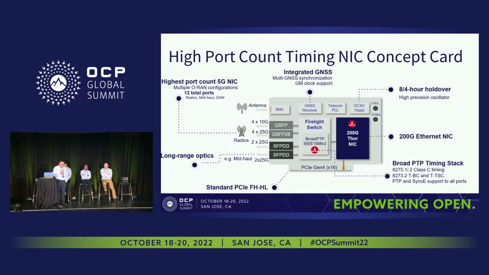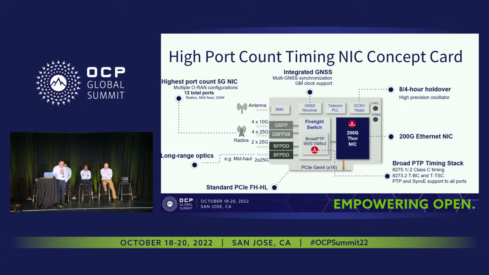can implement synchronization function. As an example, we can implement on the switch a boundary clock, and then the host CPU together with the NIC can implement a slave clock that is attached to the boundary clock.